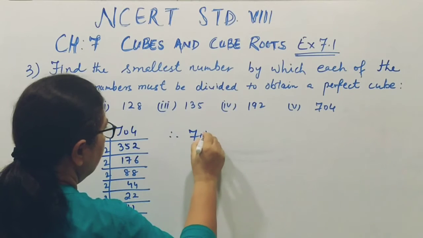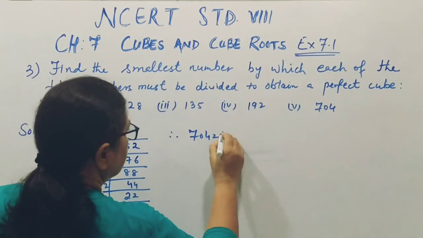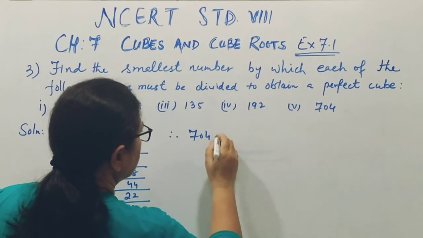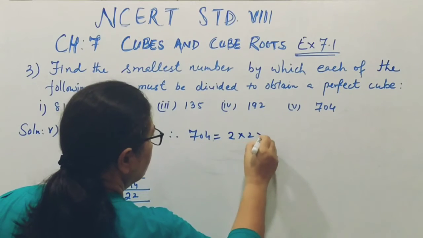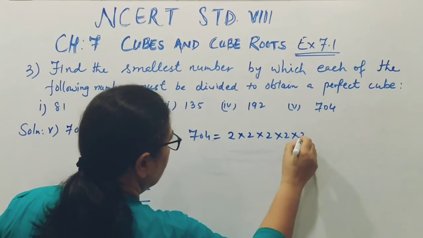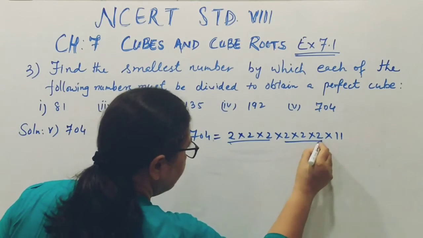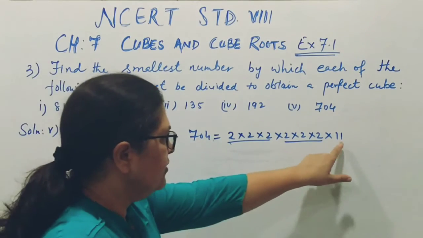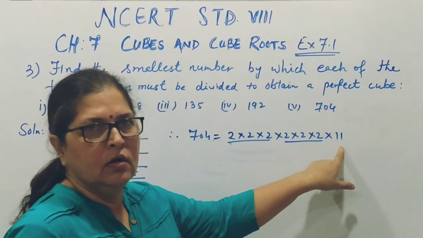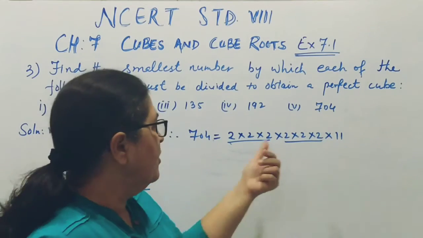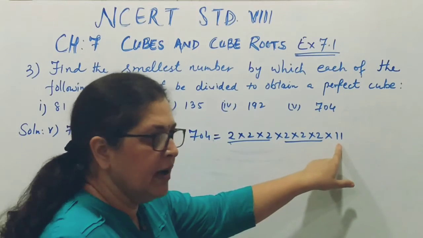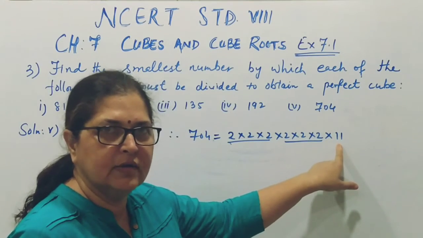Therefore, 704 is equal to 2 into 2 into 2 into 2 into 2 into 2 into 11. So these triplets are complete. Only this 11 is not in a triplet. So 704 must be divided by 11 to get a perfect cube number.